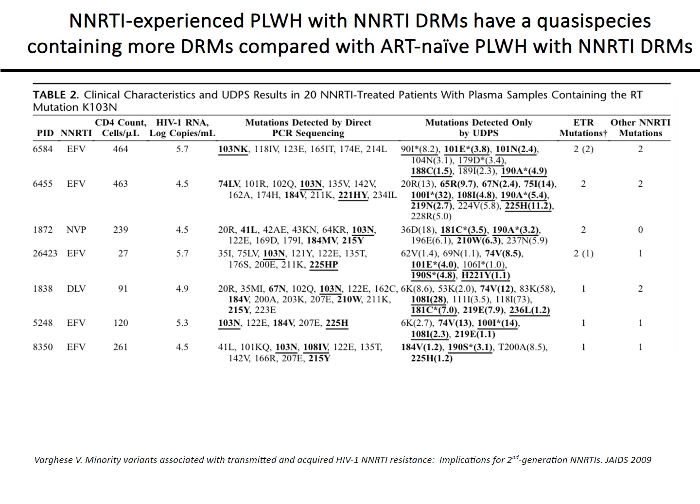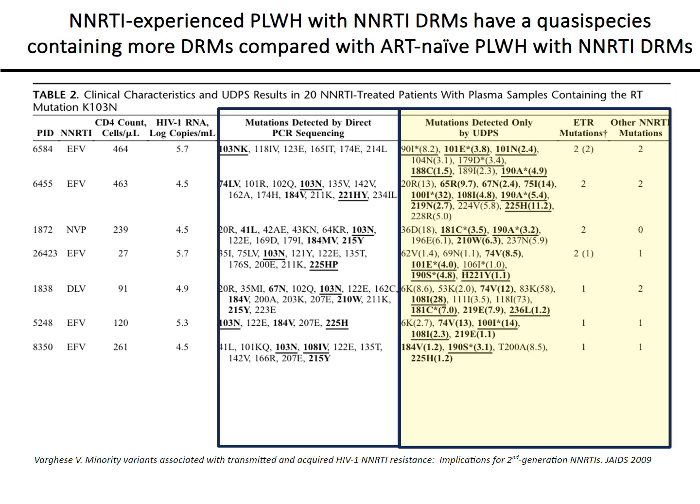By contrast, among 20 ART experienced patients with K103N, sequences from the 7 patients shown in the table on this slide had additional NNRTI DRMs that were detected only by deep sequencing. These additional drug resistance mutations and their numbers are shown in the last 3 columns of the table.